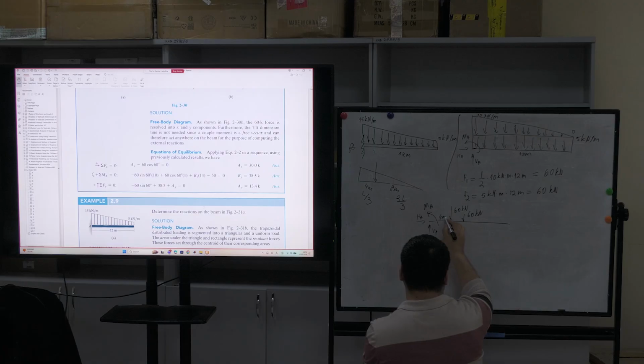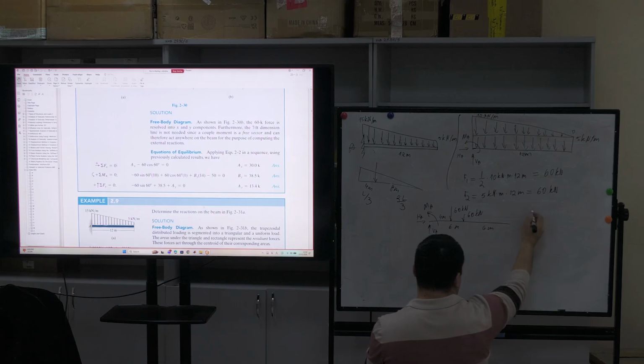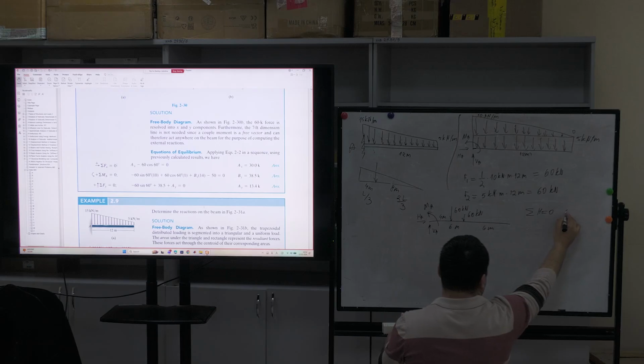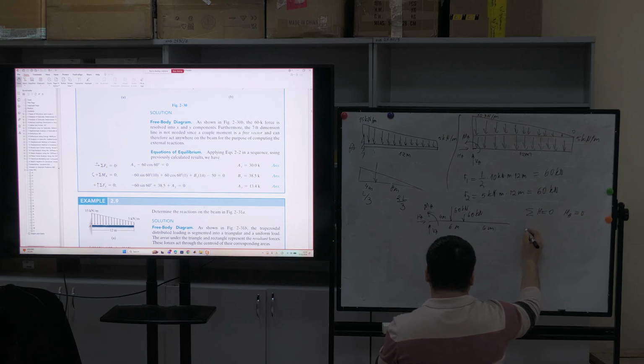Here is 4 meter, here is 6 meter, here is 6 meters, and nothing more. The sum of horizontal forces is equal to 0. HA is equal to 0. Yes? There is no other force here. Second one, the sum of vertical forces is also equal to 0. VA minus 60 minus 60 is equal to 0. Yes?